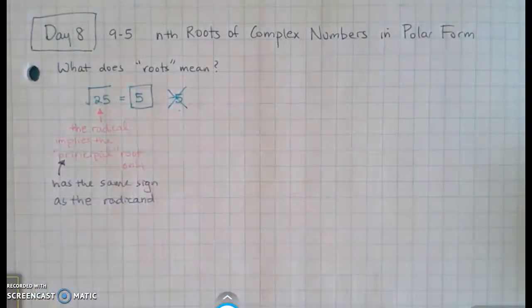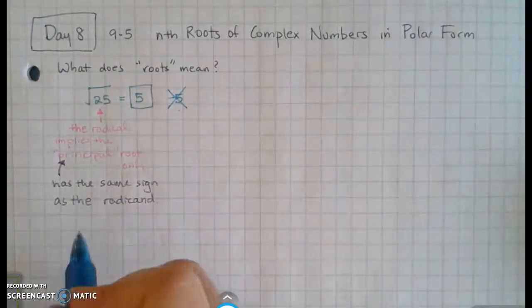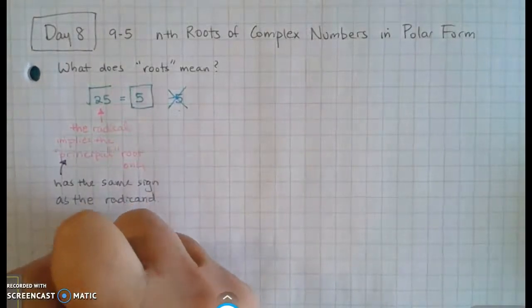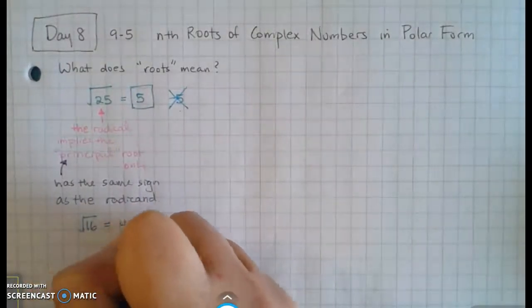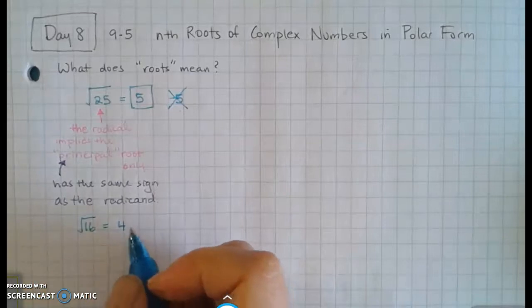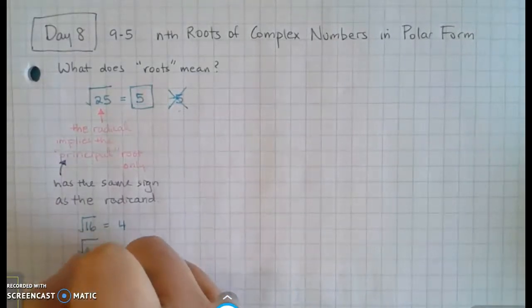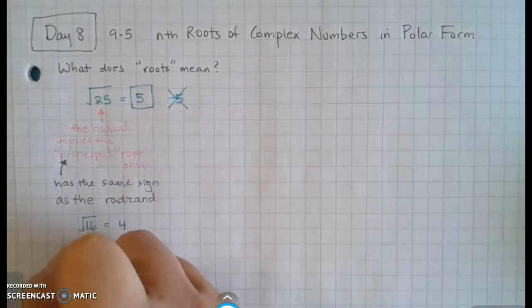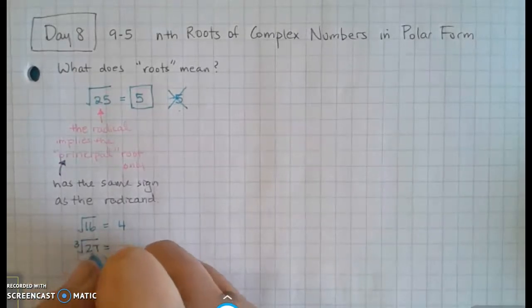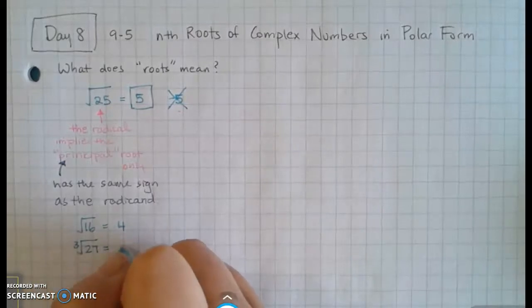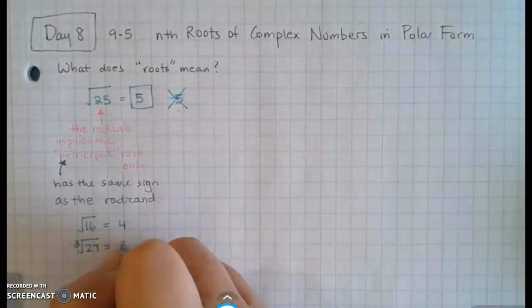Okay, so another example would be, what is square root of 16? And that's just going to be 4, because 4 times 4 is 16. What about cube root of 27? Well, I know that 3 times 3 times 3 is 27. So it's going to be 3.